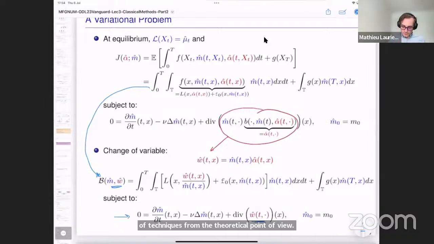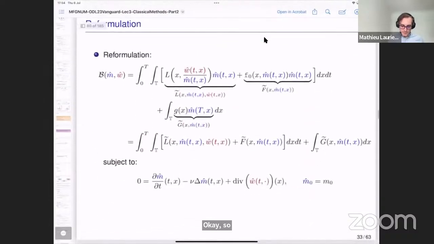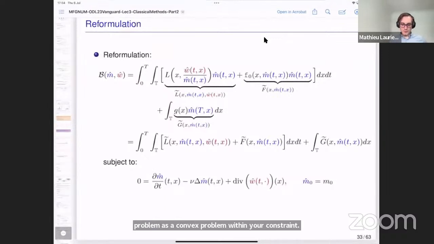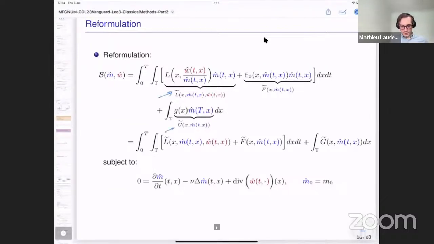Okay, so here I claim that we can interpret this problem as a convex problem with a linear constraint. So just to clarify things, I am going to introduce this L tilde and G tilde and F tilde here and here and here, so that we can write everything in this way.